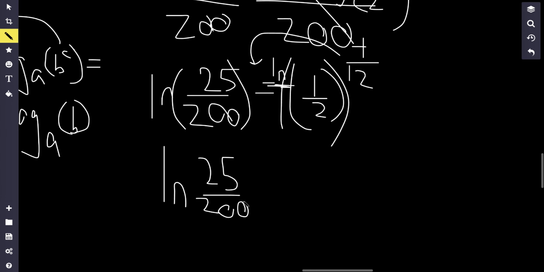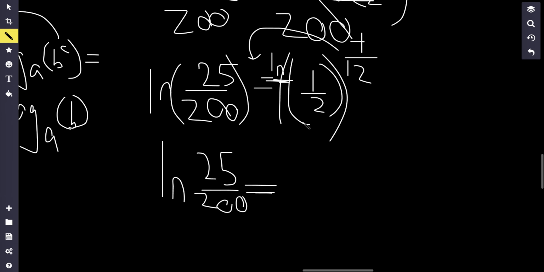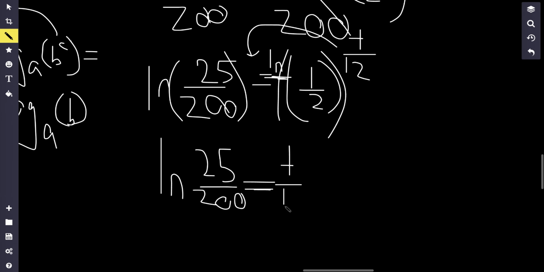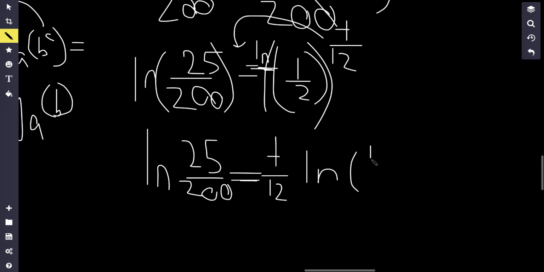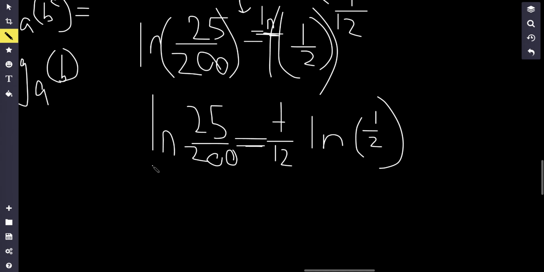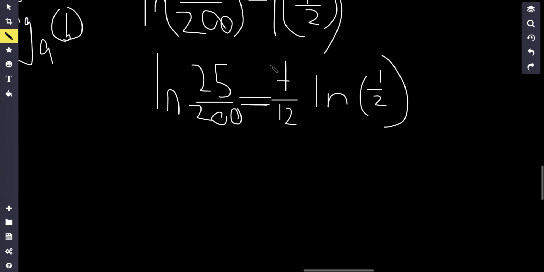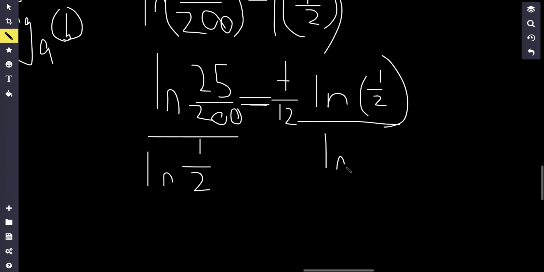For those of y'all wondering what logarithms are, I think I have a video on it, so hopefully check that out. So we bring down the t divided by 12, multiplied by ln of 1/2. Now to solve for t, we divide both sides by ln of 1/2, so this cancels out.